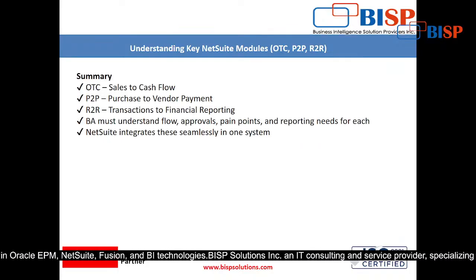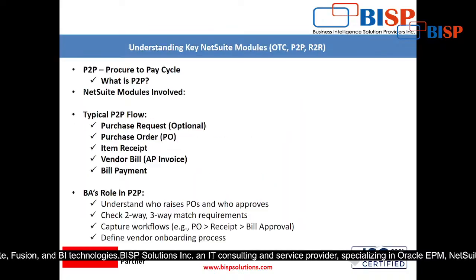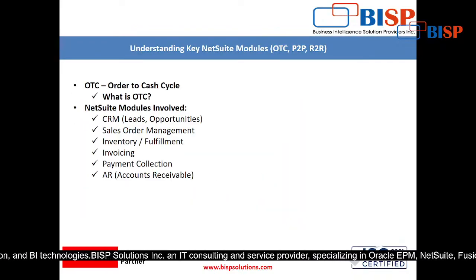Okay, so guys, today we have seen the order to cash process, O2C. Let's have a quick recap. O2C means order creation to invoice generation, and everything is given in this module itself.